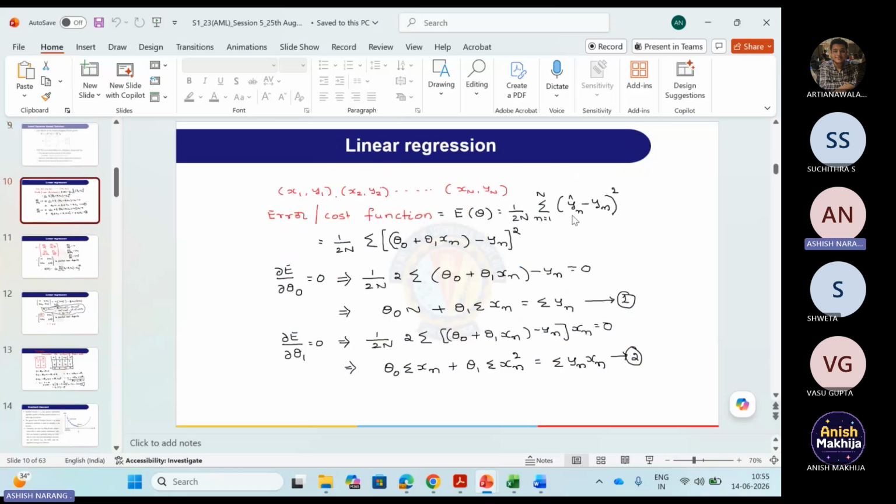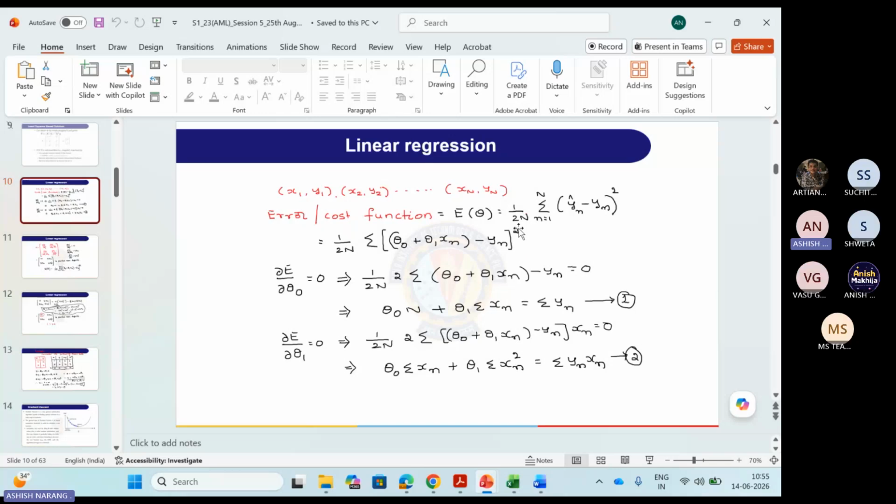It is mentioned here. y hat is the predicted, y n is the actual. This is summation 1 to n for all the points, times 1 by 2n. This is my cost function, in a sense the error function.